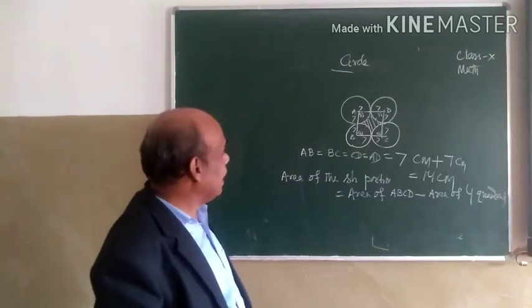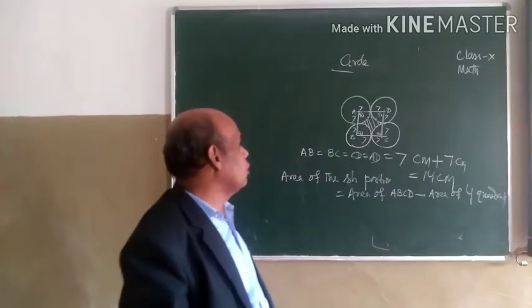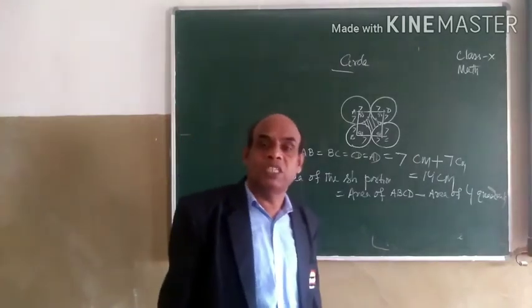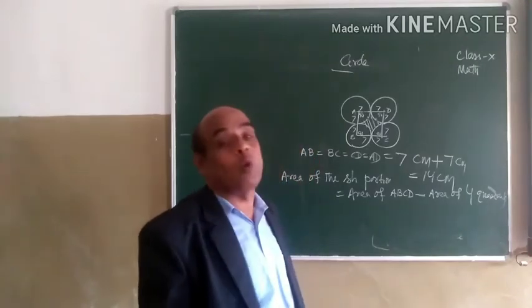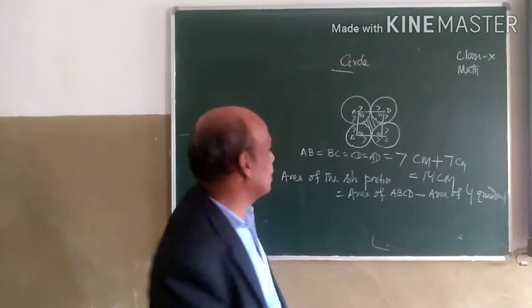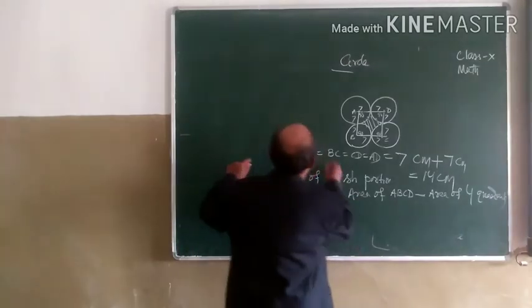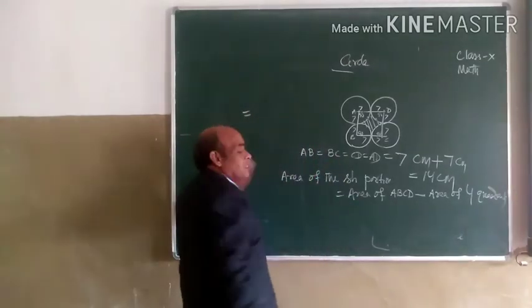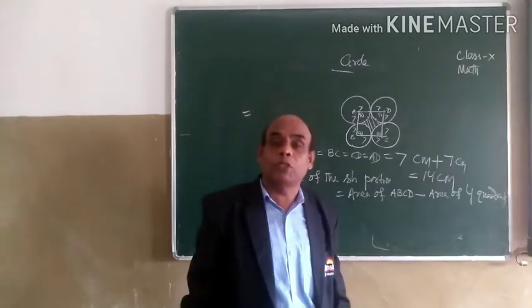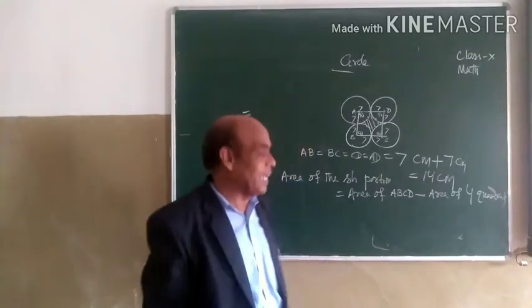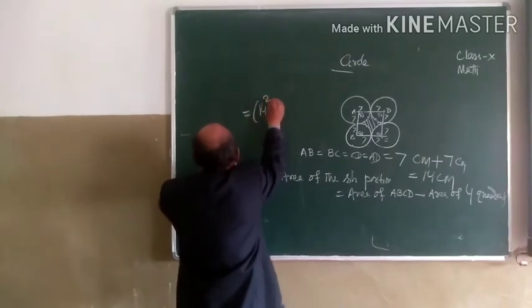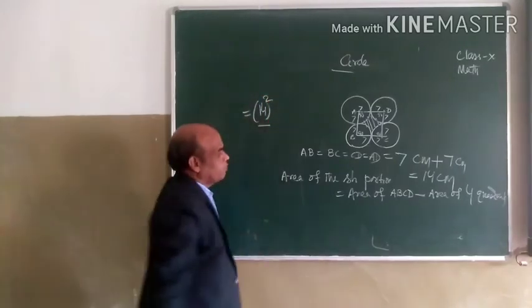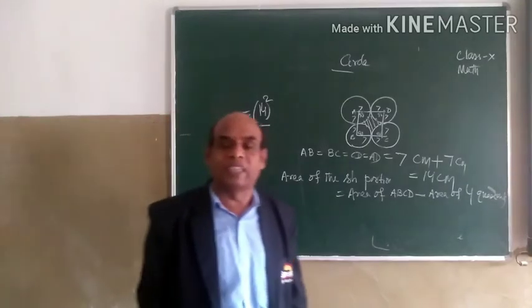So you can say the area of the shaded portion is equal to the area of square ABCD minus the area of four quadrants, because four quadrants are there. So the area of ABCD, you will write, the area of a square is side into side. So you can write (14) whole square minus the area of four quadrants.